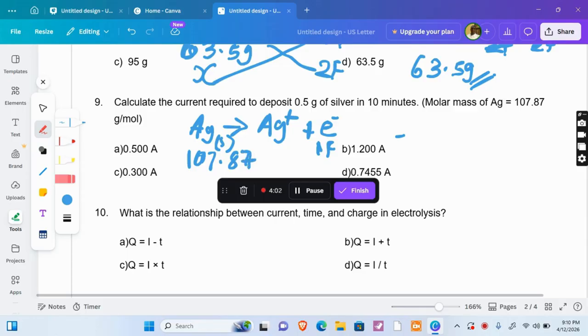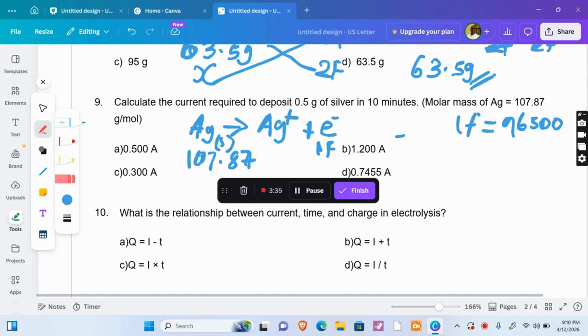Now look at this question. It says we should calculate the current. Anytime they say you should calculate the current, it means you must convert the farad to coulombs. And 1 farad is equal to 96,500 coulombs, and this 96,500 coulombs is a product of current and time.